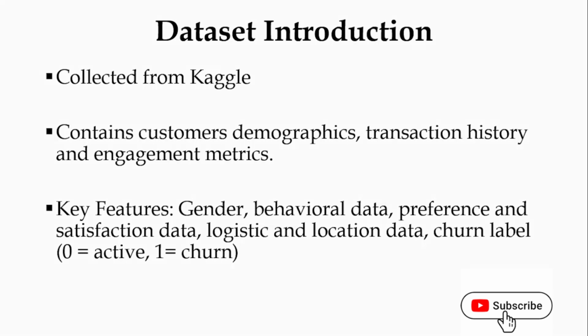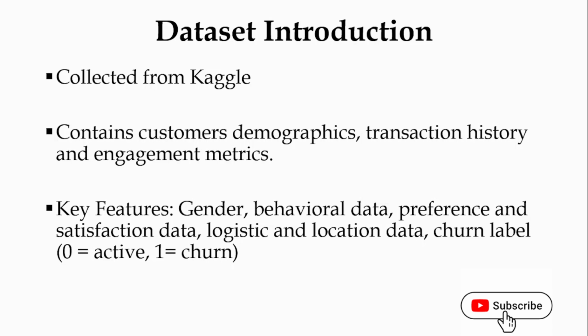But before I talk about the information, I got this dataset from Kaggle. All right, I'll put the link to the dataset in the description of this video. All right, so the dataset contains customer demographic, transaction histories, and engagement metrics.